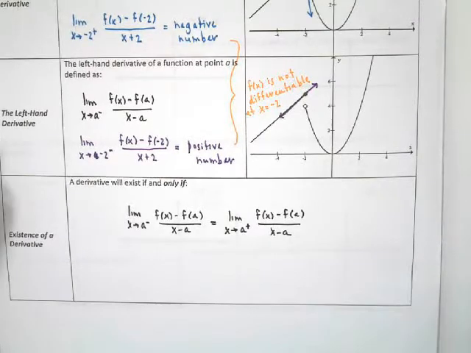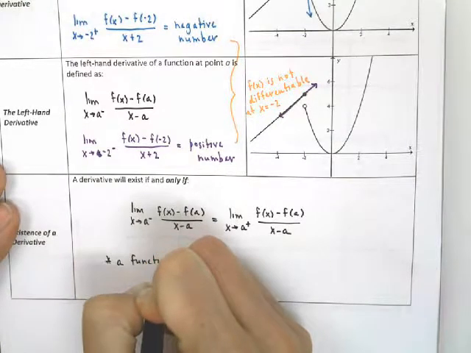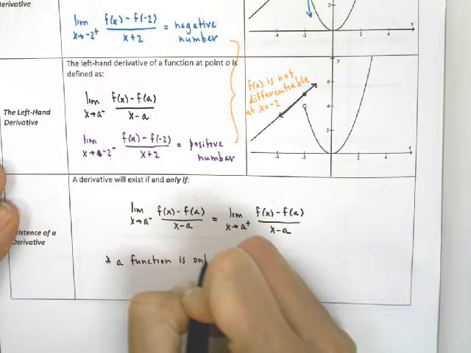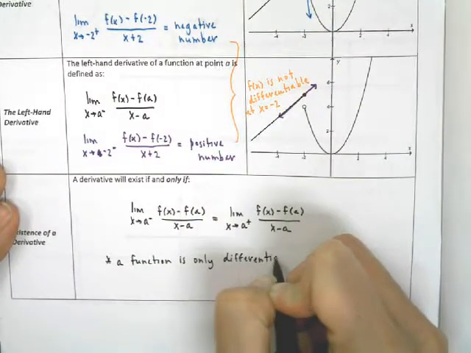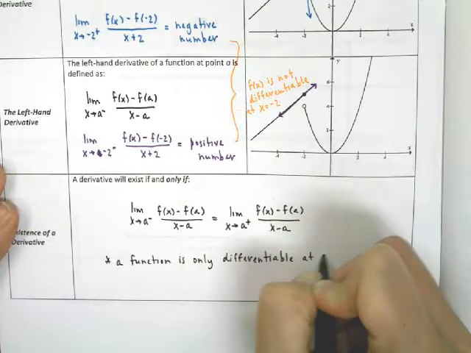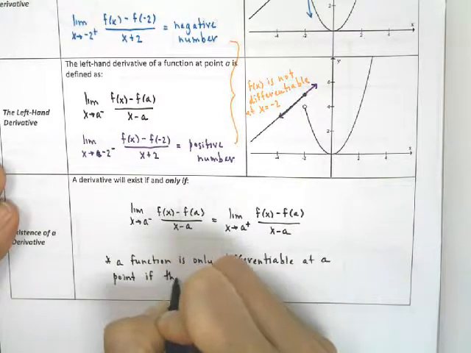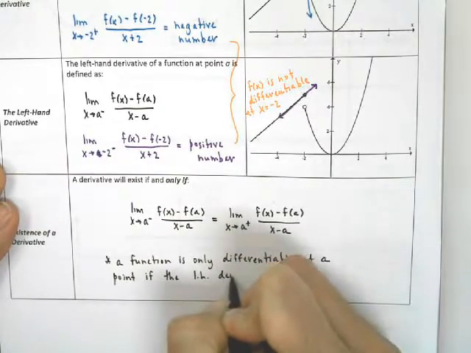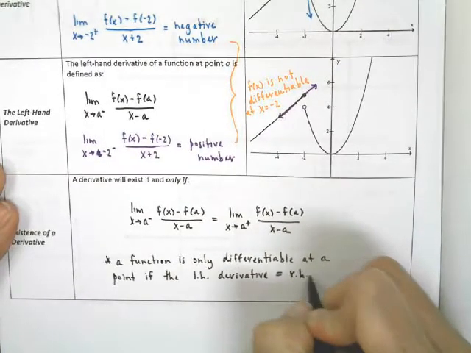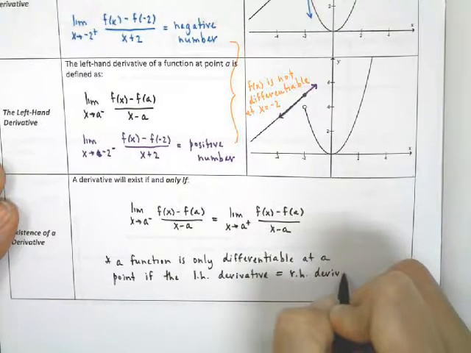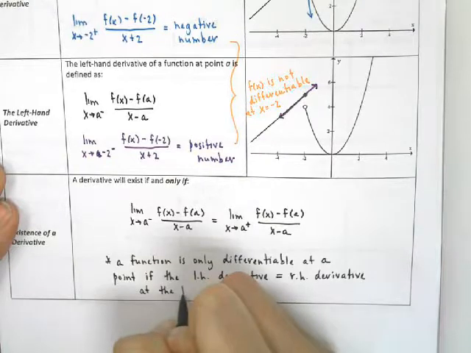Just to reinforce some of the terminology here, we say that a function is only differentiable at a point if the left-hand derivative is equal to the right-hand derivative at the point.